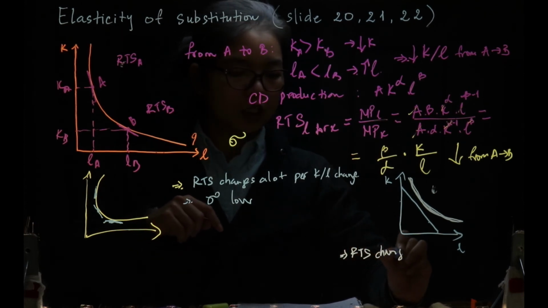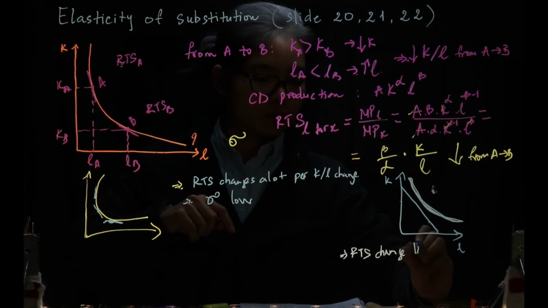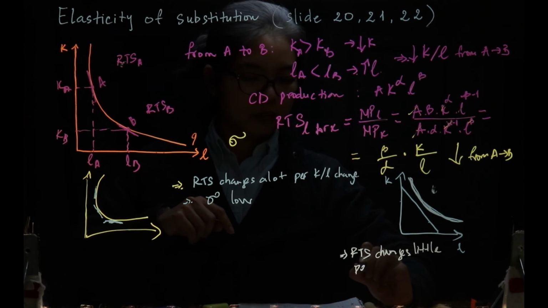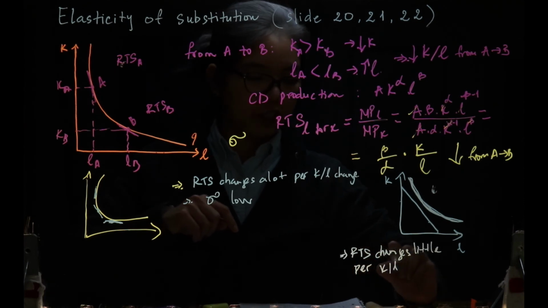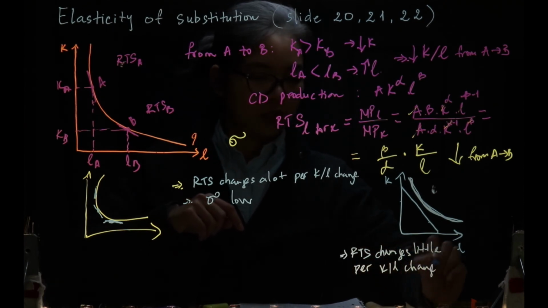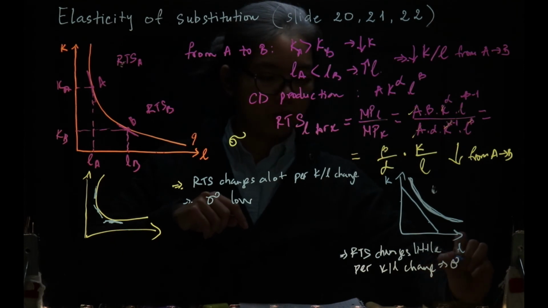Then in this case you have RTS change little per ratio change, and that means sigma will be high.